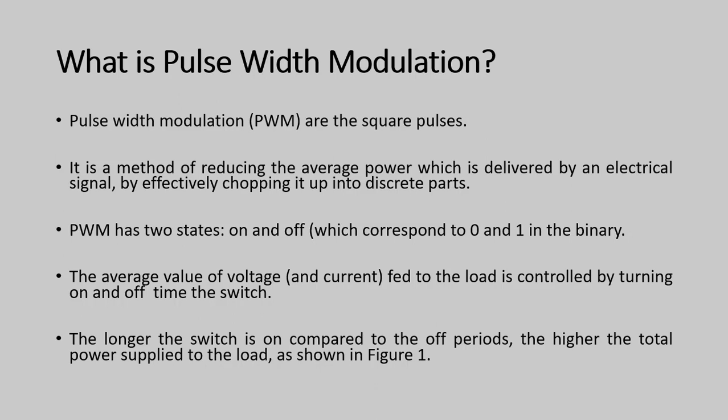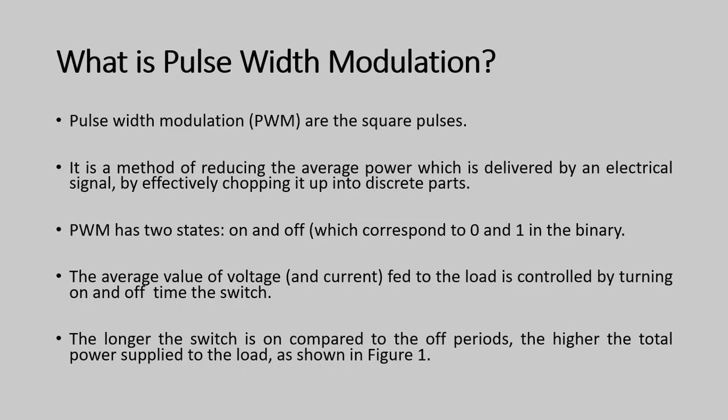The average power which is delivered to the load can be controlled by turning on and off the time period of the control switch, which we are using in the designs.